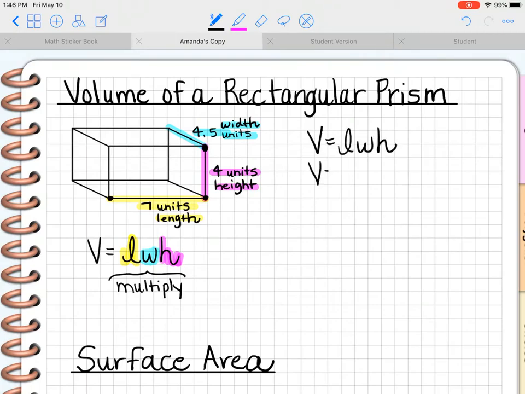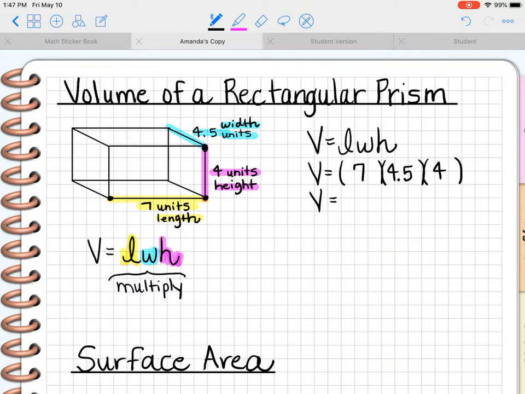We don't know V, but we know L, we know W, and we know H. So I'm lining up parentheses. Those mean multiply. L is 7. Width is 4.5. And height is 4.